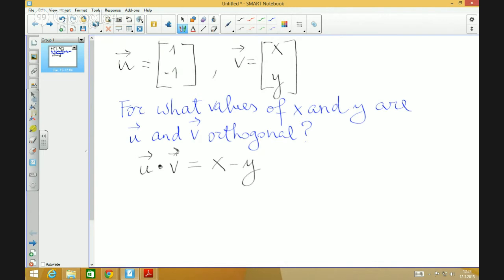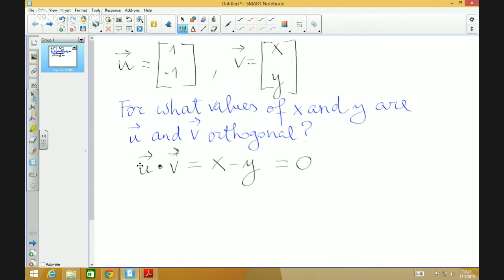The product of the second components, minus 1 and y, that's going to give us minus y, and we sum them together. So x plus minus y is x minus y. And this thing has got to be equal to 0 in order for u and v to be orthogonal.